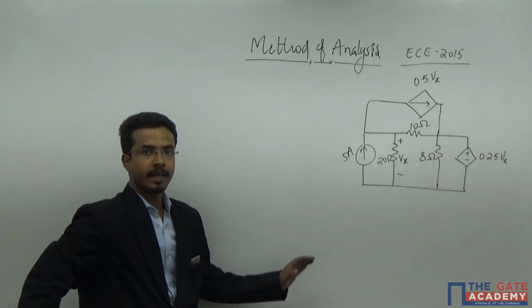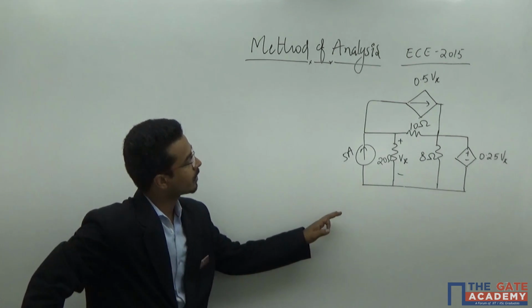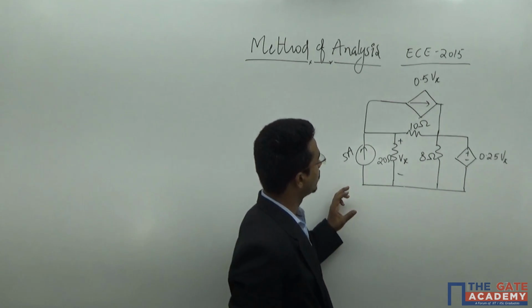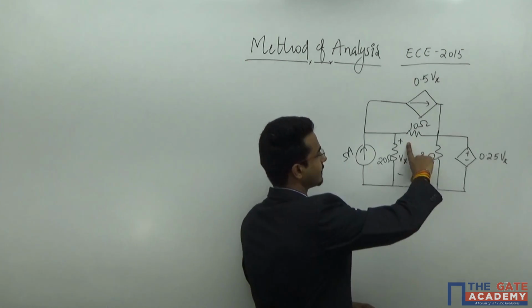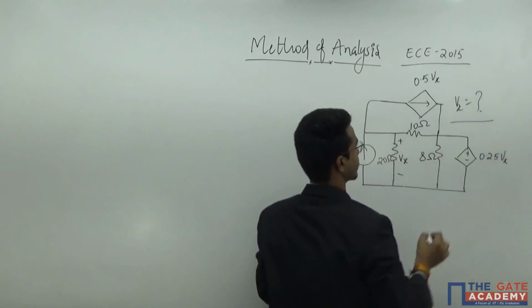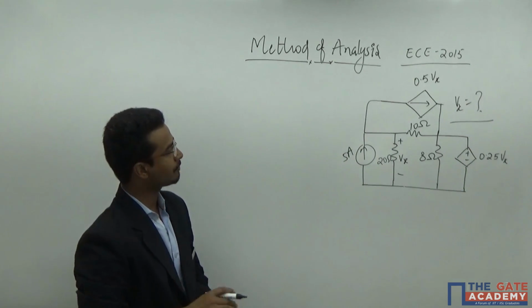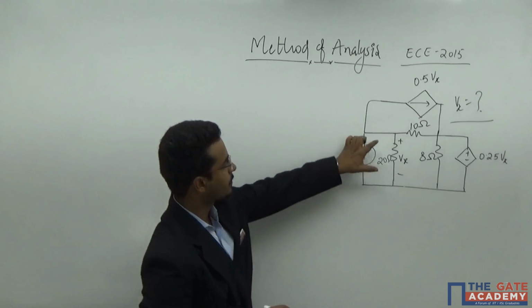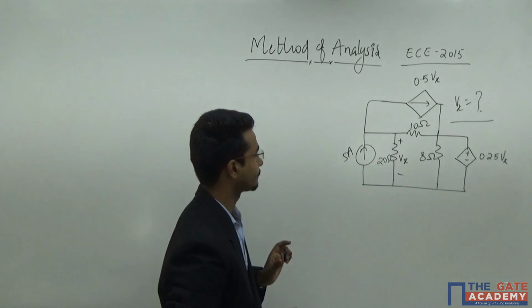Now, here again we have a question of network analysis, and we have to find the value of this Vx in this entire circuit. Again we have to apply the nodal to calculate this particular Vx.